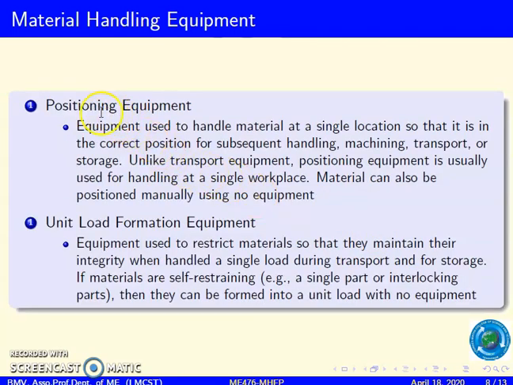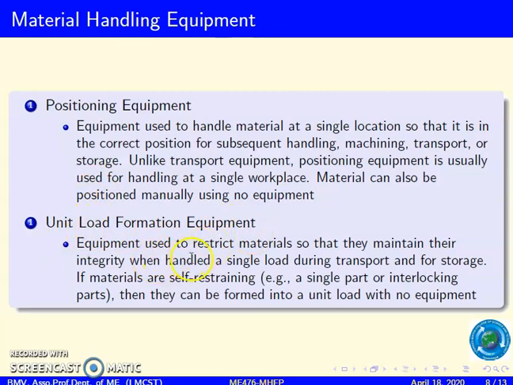And the second one is positioning equipment. This equipment is used to handle material at a single location so that it is in the correct position for subsequent handling, machining, transport or storage. And the third one is unit load formation equipment.